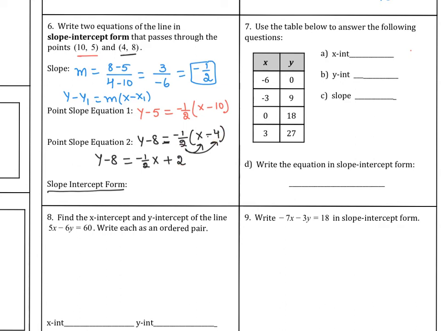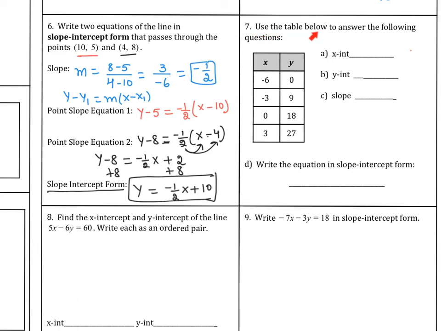Now you're going to add 8 on both sides. So you're going to get y equals negative 1 over 2 x plus 10. That's going to be your slope-intercept form.